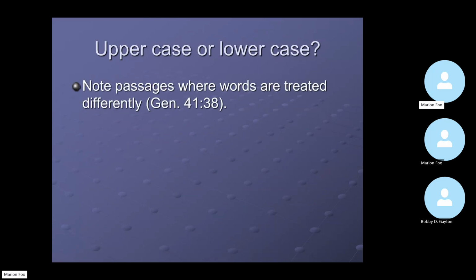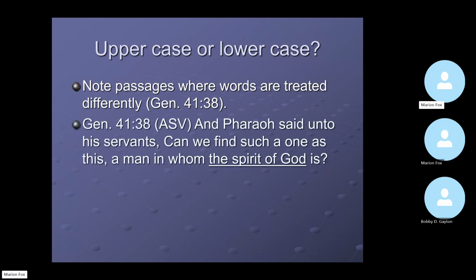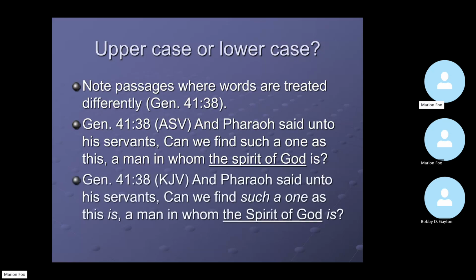We'll note passages where words are treated differently, and we'll see this in the American Standard and in the King James. And Pharaoh said unto his servants, can we find such a one as this, a man in whom the Spirit of God is? Notice the word Spirit is lowercase in the 1901 American Standard Version. But the King James Version writes, and Pharaoh said unto his servants, can we find such a one as this is, a man in whom the Spirit of God is?